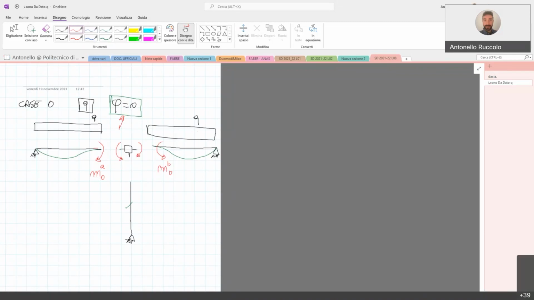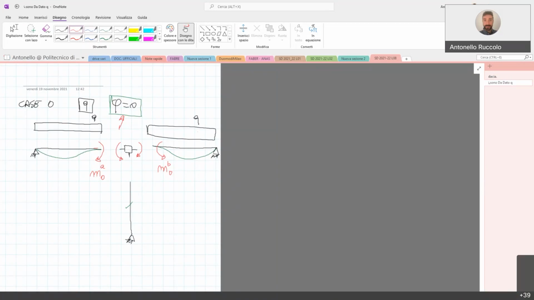Then we also have some vertical load. Actually, we don't really care about it because our aim is to impose equilibrium of rotation in the node B. So basically, we only want to know what are the moments that are applied on the node B induced by external load and by the rotation that is unknown.